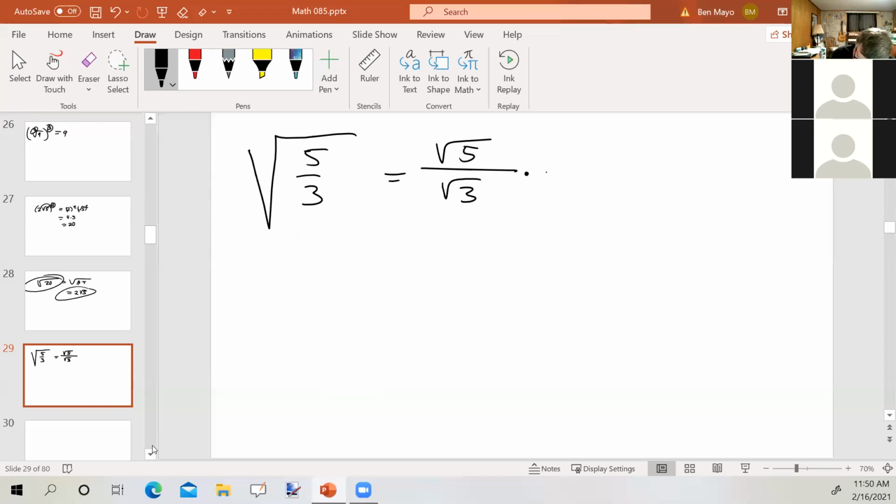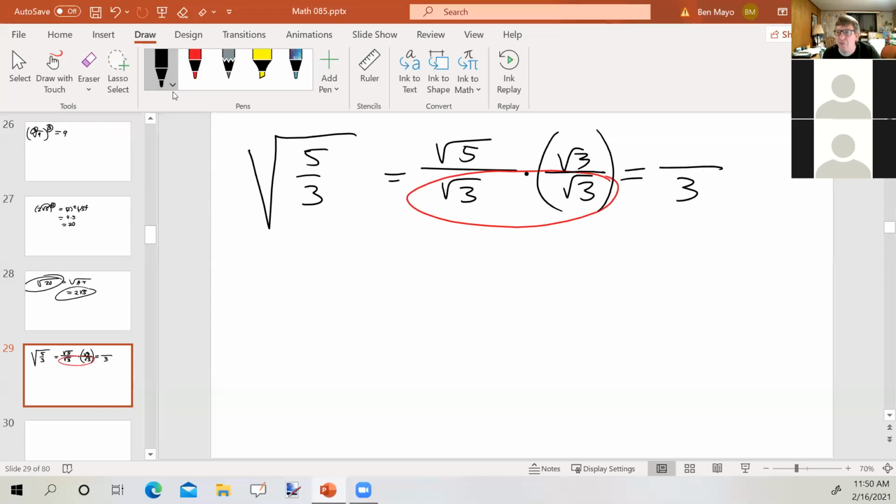If I multiply this fraction, the square root of 5 over the square root of 3, by the number 1, that's legal. But I'm going to choose my 1 as the square root of 3 over the square root of 3, because now the denominator is going to be plain old rational 3, and I have rationalized the denominator. In the numerator, the square root of 5 times the square root of 3 becomes the square root of 15.